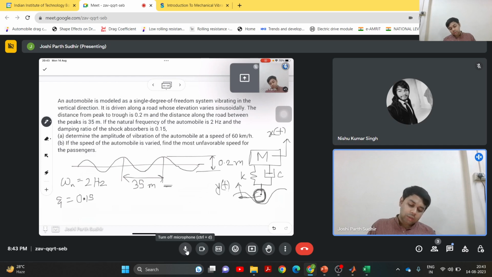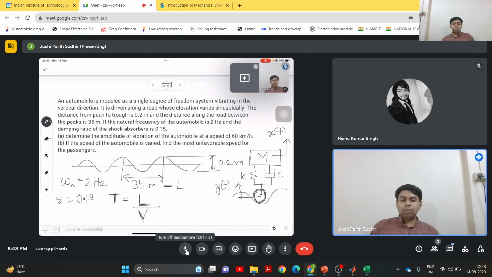So let us call this distance between the two peaks as capital L. So the time taken to travel from one peak to the other peak will be basically the time period. So time is basically distance upon speed. So it will be L by V, where V is the speed of the car.